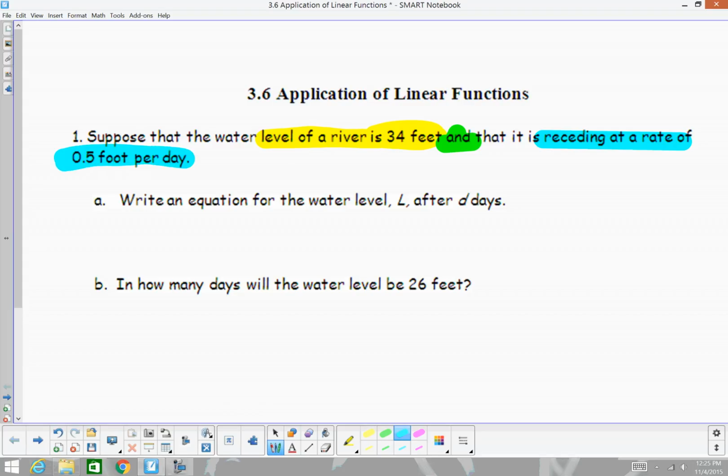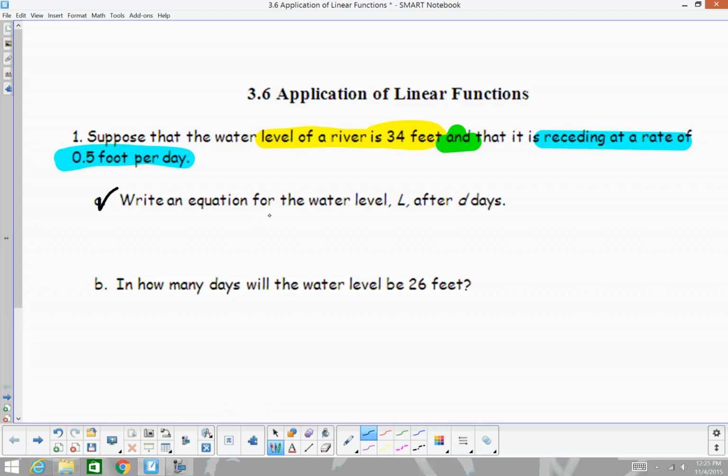Now that I pulled out the important information, I want to translate it algebraically to numbers, operations and a variable. The level right now of the river is 34 feet. Part A is asking me to write an equation in terms of L after D days.